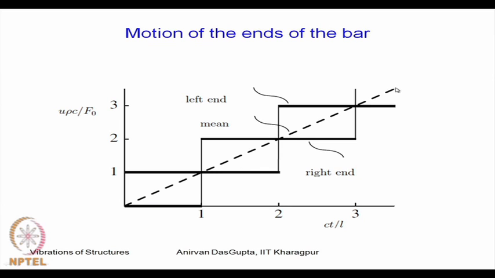So, let us see what is happening. You have provided this impulse to the left end, the wave propagates, and this end will undergo twice the displacement, then again the wave propagates back and pulls this. So, the bar is constantly moving like this.